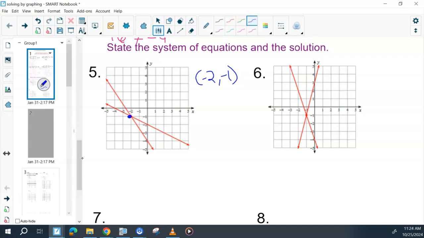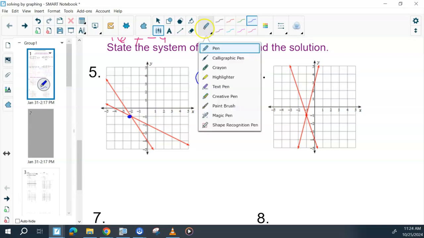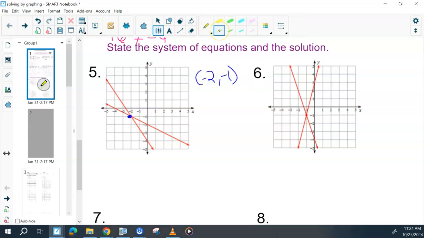Now we're just going to find the equations of the other two lines. I'm going to highlight them just so you see them together. So for this one, I see that it crosses at -4, so that's going to be my y-intercept. And then I need to find another point that goes through the grid lines exactly. I could look at the solution and count that slope.